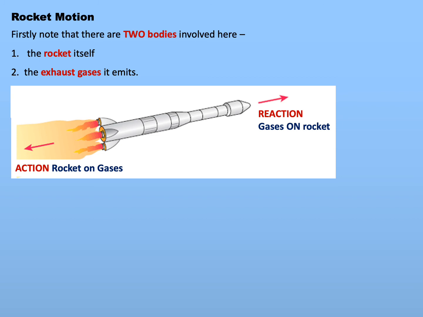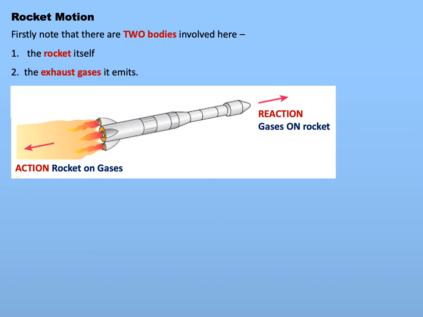So, two bodies. If you look at the diagram, we're going to consider the action force here as being the rocket forcing out the gases. So the action force is to the lower left of the diagram there, the rocket on the gases. Once we've established the action force, rocket on gases, it's very easy to get the reaction force.